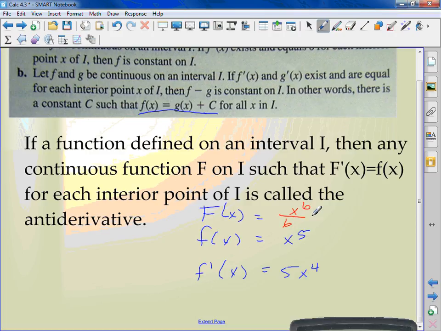The 6 comes out front and it becomes a 5, right? What's 6 over 6? 1. I get back to normal. And the only thing that's different is now we put a plus c.